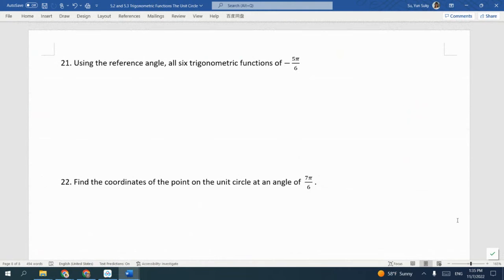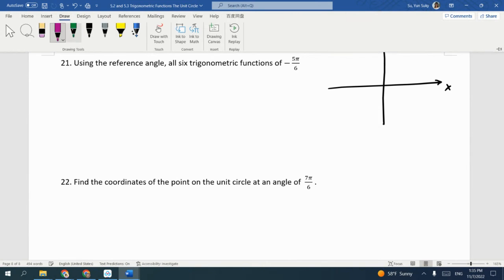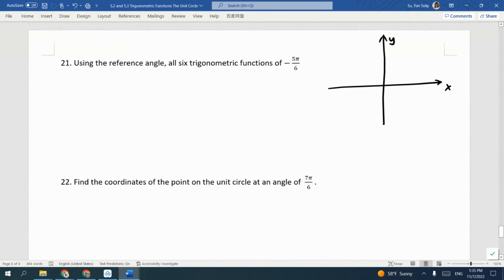So we draw the x-axis and the y-axis. Negative means we go clockwise, right, everybody?